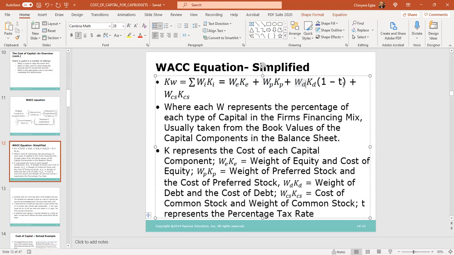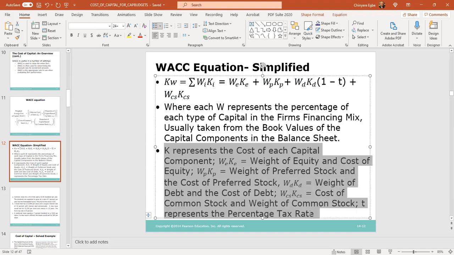Because you can deduct the interest on debt from your tax, we also include the tax rate for the cost of debt. And then WCS is the weight of common stock, what percentage is common stock in the capital structure. This is what I've just explained here.